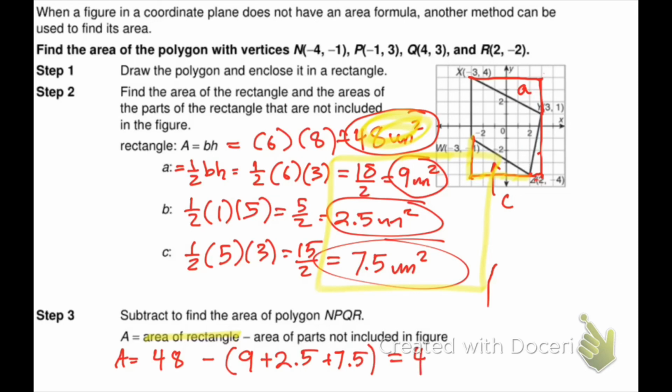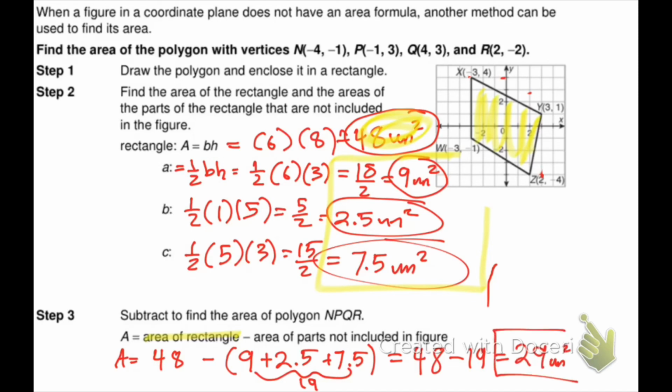So I'm going to take away all these triangles and be left with only the area of the initial polygon. So I get 48 minus 19, all these add up to 19, which gives me the total area of 29 units squared. And there you have it.